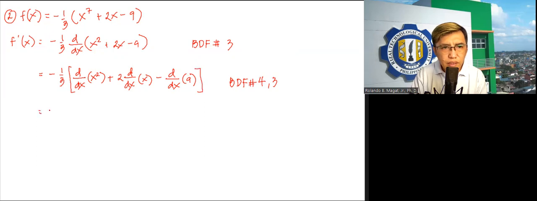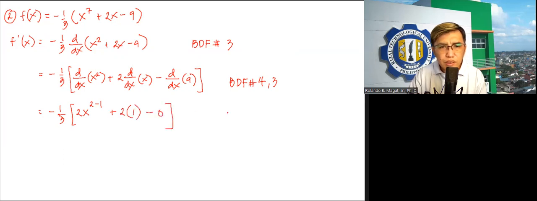Next, we have negative 1/3 times 2x raised to 2 minus 1 plus 2 times 1 minus 0. This is basic differentiation formula number 5, 2, and 1 in that order. Let's simplify.